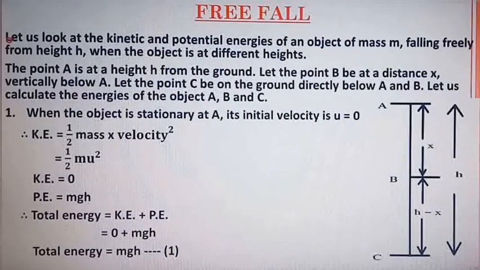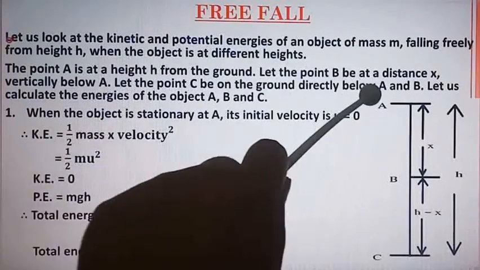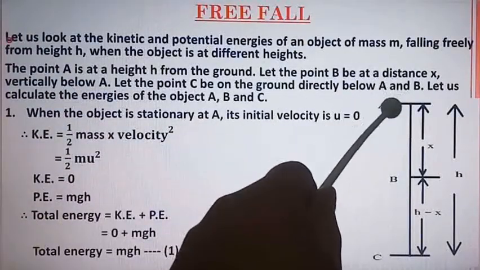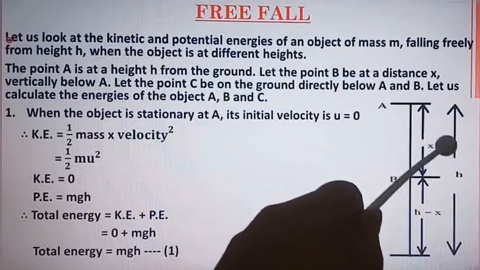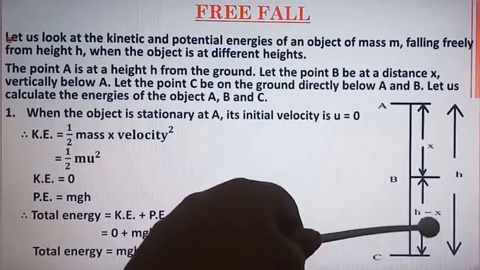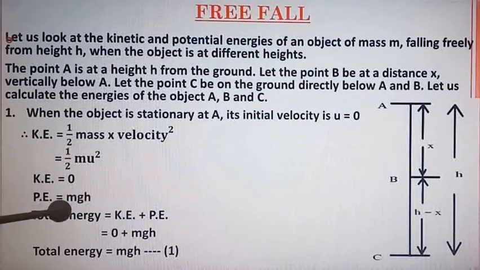Kinetic energy is half m multiplied by u square, because the initial velocity is 0. So when you substitute u as 0, you will get kinetic energy equal to 0. Potential energy is mgh, because that object is at a height h from the earth's surface, from the ground.